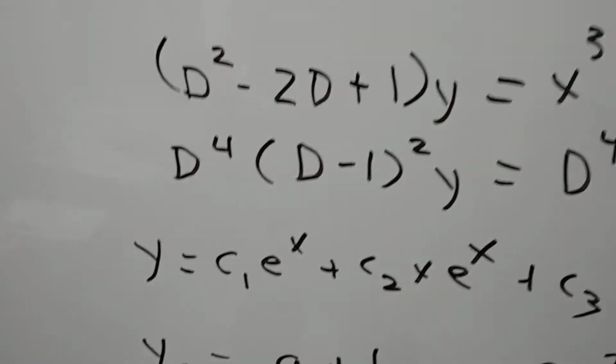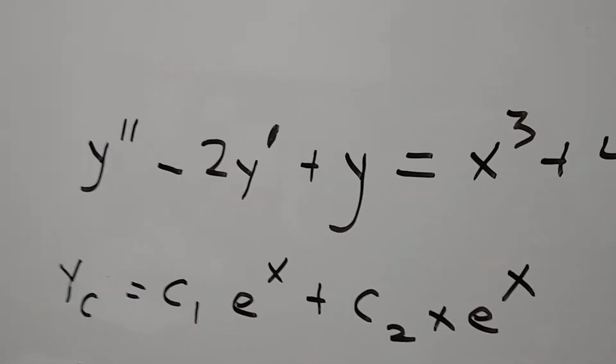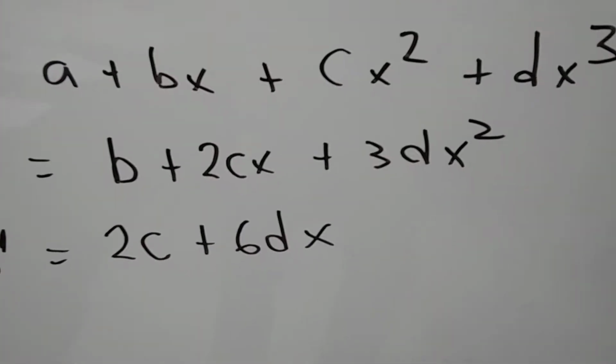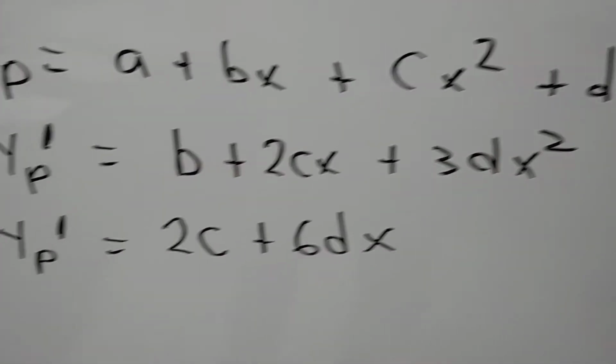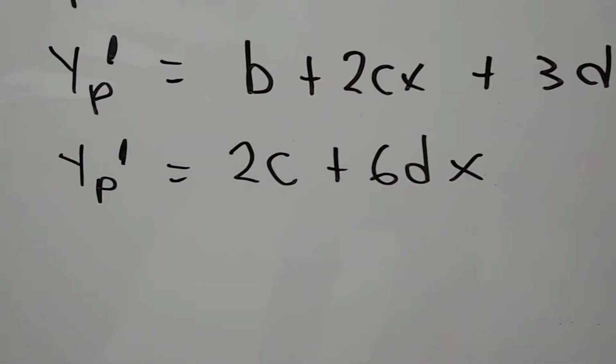Now I go back to my original differential equation. I'm going to need a y sub p prime and a y sub p double prime. So y sub p is what I stated it was conceptually. Then my y sub p prime is just b plus 2cx plus 3dx squared.